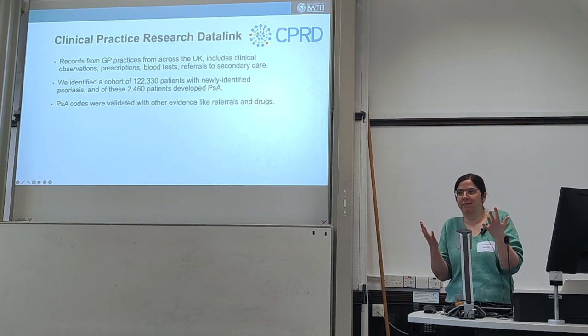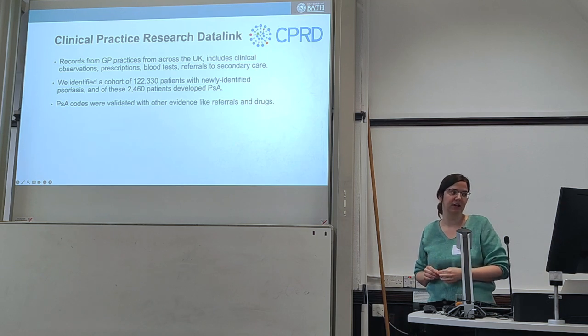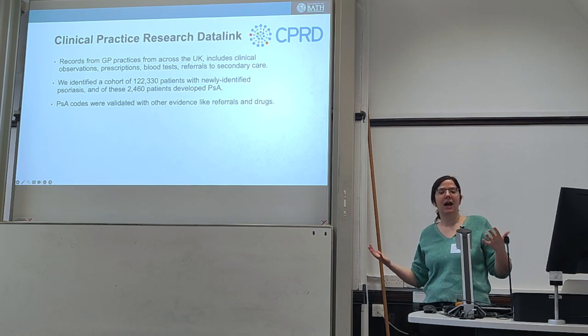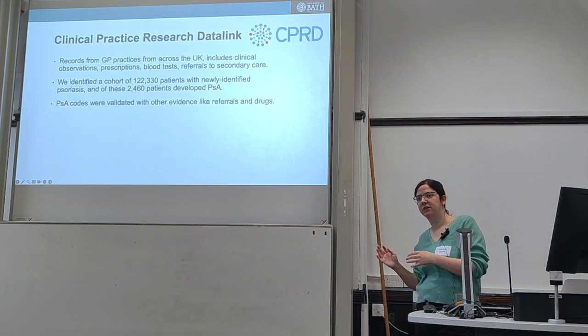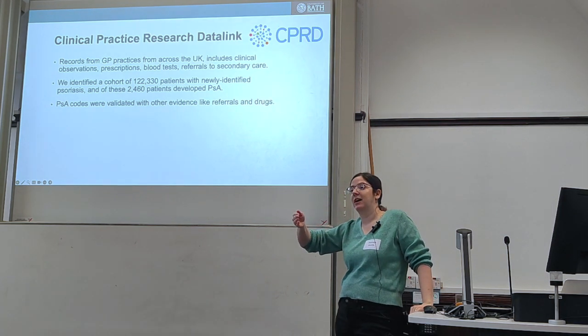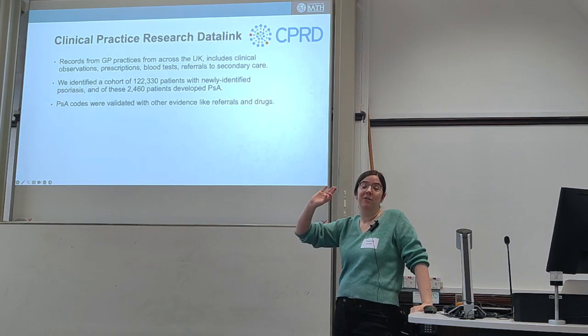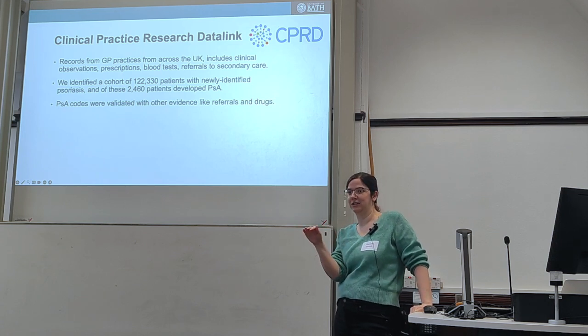So even within this cohort of patients, psoriatic arthritis, it should be more common, is still fairly rare. And again, we had an algorithm for validating whether we thought a case was actually psoriatic arthritis. A GP could put a record in. So they have a patient with psoriasis. They could put in the code for psoriatic arthritis because they think they have it, and then actually they don't have it. So we had to do some validation.